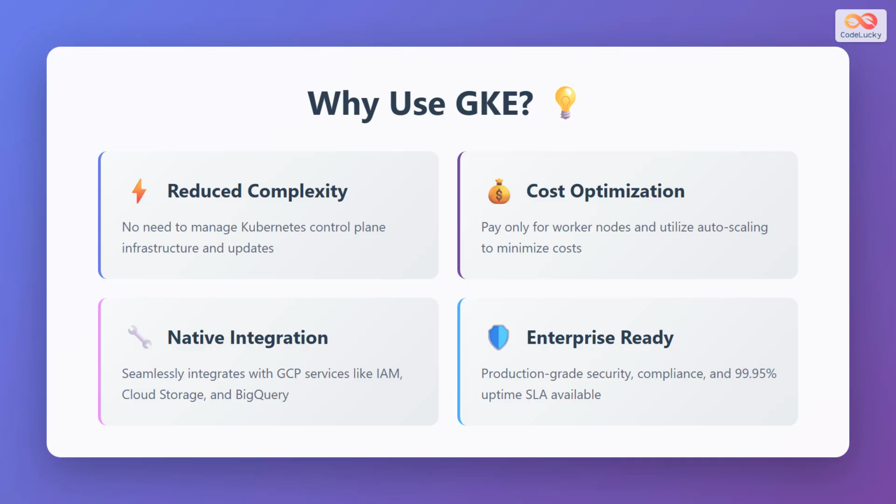Third, GKE provides native integration with other Google Cloud services like IAM for identity management, Cloud Storage for persistent data, and BigQuery for analytics. Finally, GKE is enterprise-ready with production-grade security, compliance certifications, and a 99.95% uptime service level agreement available. This makes GKE suitable for running critical production workloads at any scale.